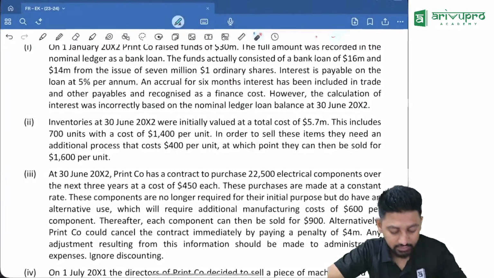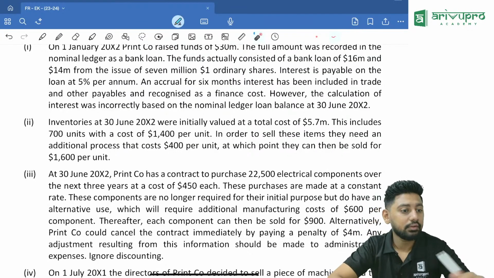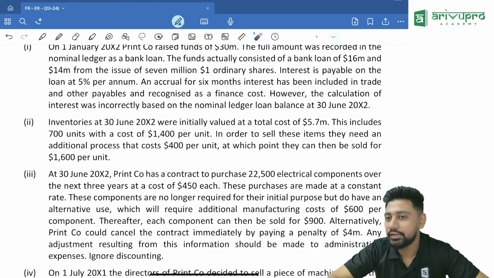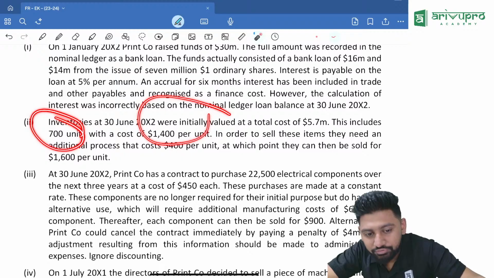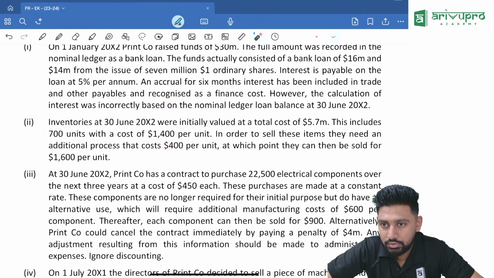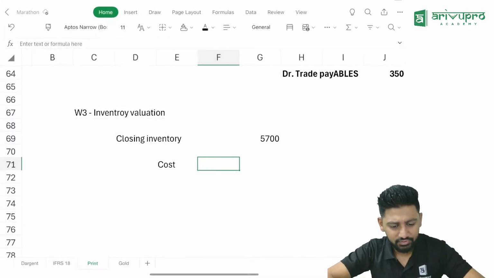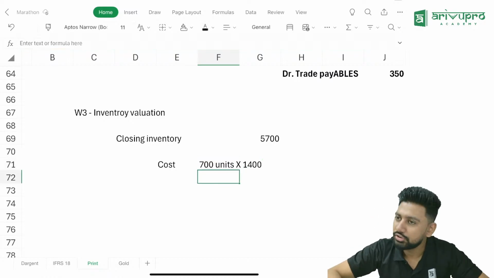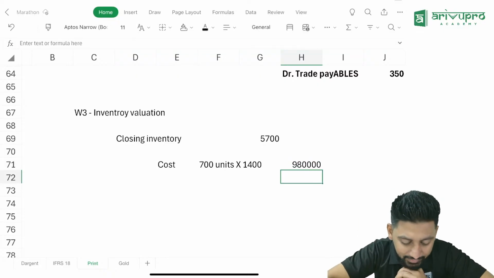Now the cost, they say there is a component out of this inventory which is 700 units with a cost of 1,400 per unit. So this 700 units is valued at 1,400. The cost equals 700 into 1,400, which is 980,000.